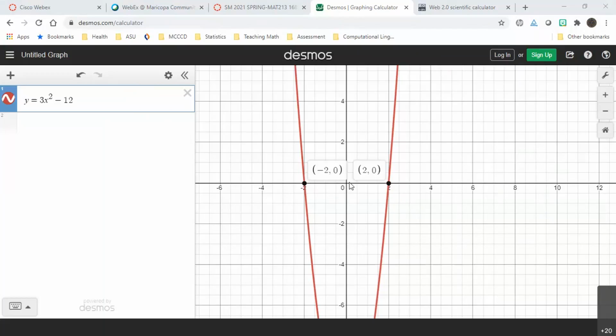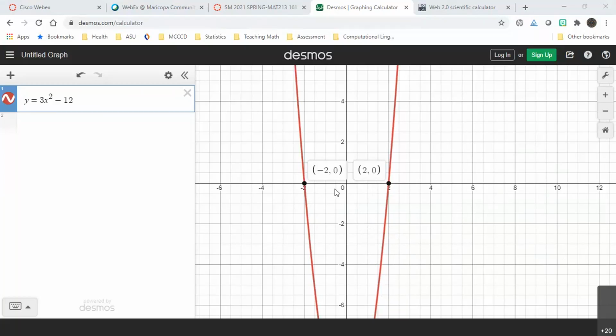Just imagine these are t's, even though I graphed them as x's. Between what t values? Yeah, between -2 and +2. See, the y values are down here below the x-axis. So we know that between -2 and +2, the particle's moving backwards.